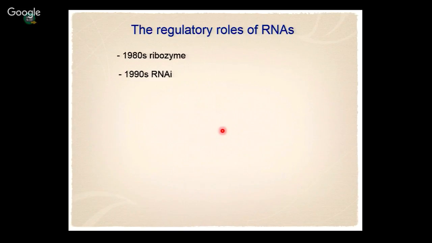In the 1980s, the discovery of a ribozyme by Tom Cech's group described the function of ribozyme. It can function as an enzyme. It itself, not the protein, can function as an enzyme.